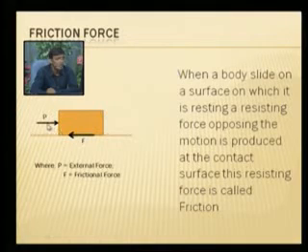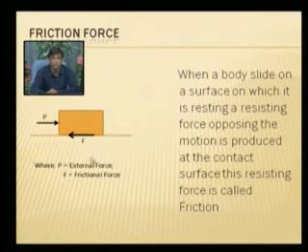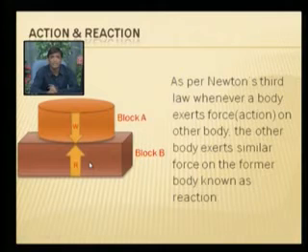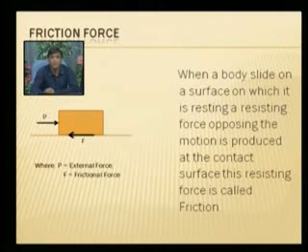See, we are applying a force P on this body, but the contacting surface resists the motion, and this is known as frictional force. Remember, friction force is different from reaction. Reaction always acts in the perpendicular direction, and friction always acts parallel to the surface, opposing the applied force.